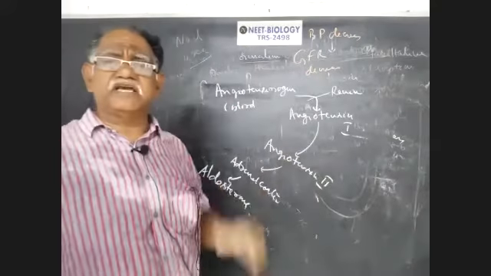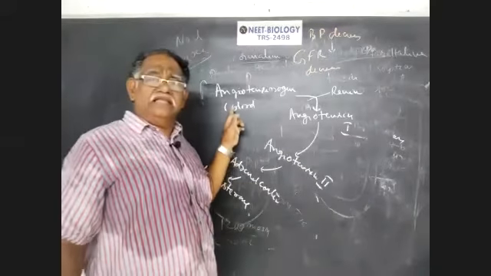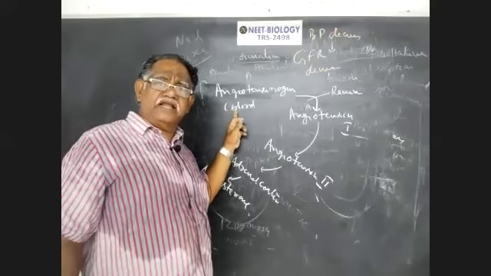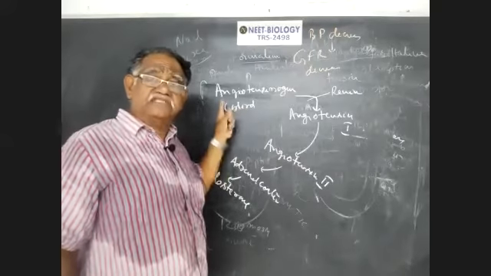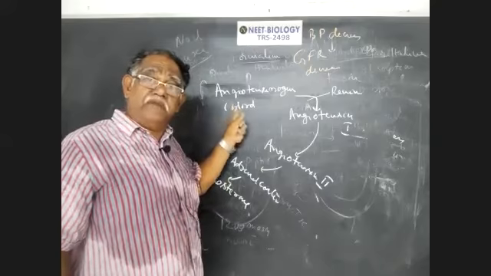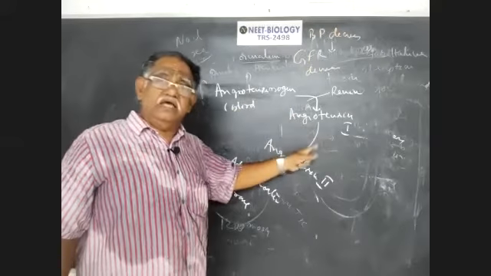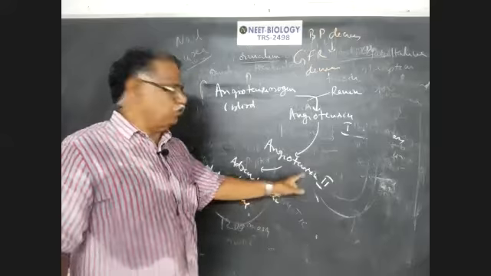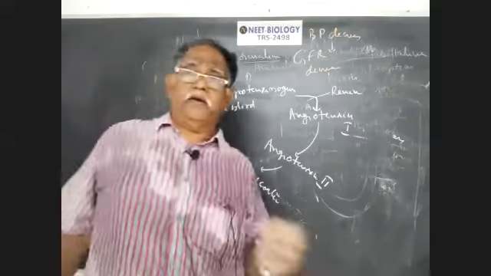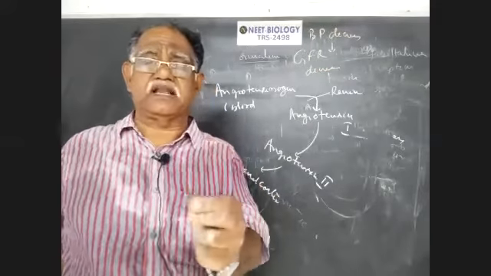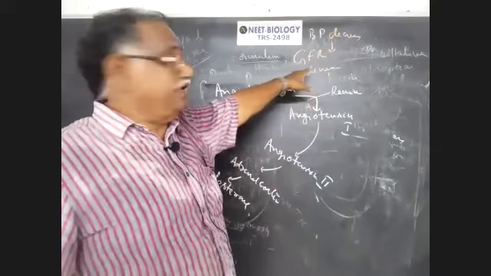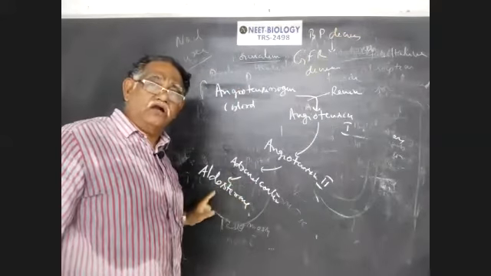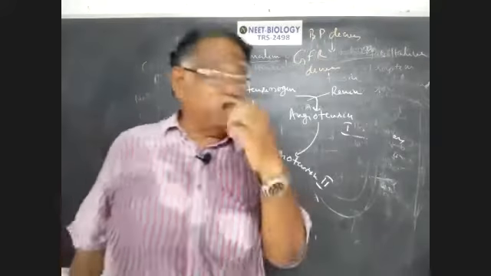The mechanism of the secretion of aldosterone: the JG cells of JGA, the juxtaglomerular apparatus, secrete the renin enzyme that converts the angiotensinogen of blood into angiotensin 1, then to angiotensin 2. Angiotensin 2 is an efficient vasoconstrictor like ADH, and it stimulates the adrenal cortex to release aldosterone that increases the absorption of salts.